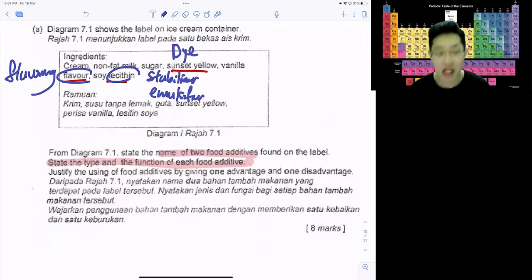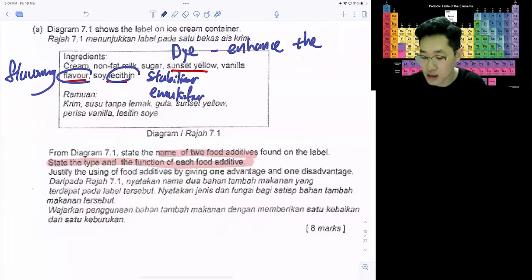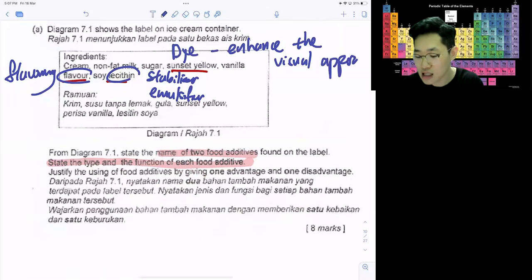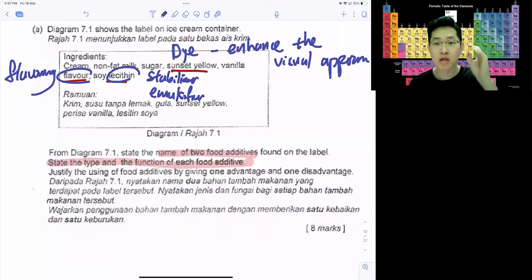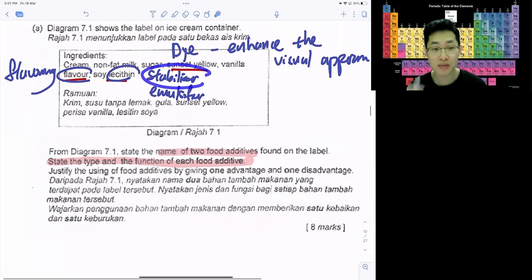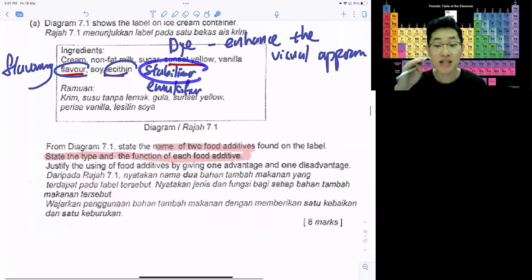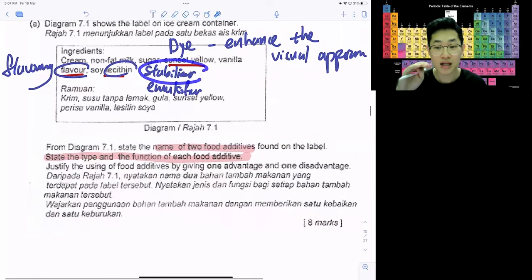So they want to know the function. What is the function of color? Color is to enhance the visual appearance. You don't want to write the word visual also can. Improve the appearance of the food. It looks nice. You can also write make food looks nicer. Flavoring, make your food taste better. Improve the taste of food. Yes, correct. Stabilizer is to give smooth texture. Yes, very good.